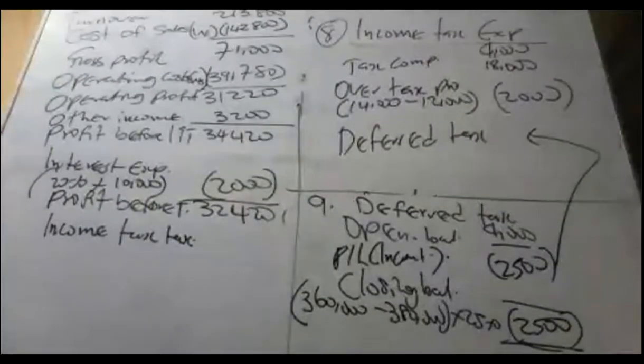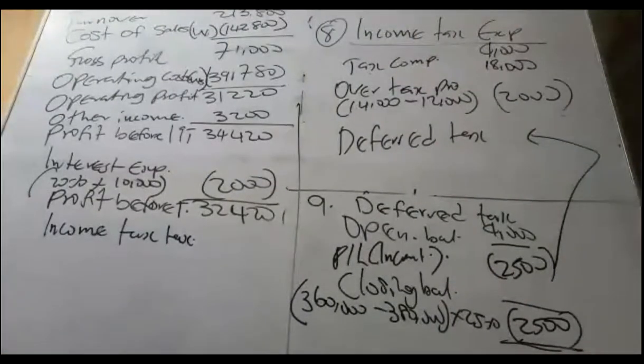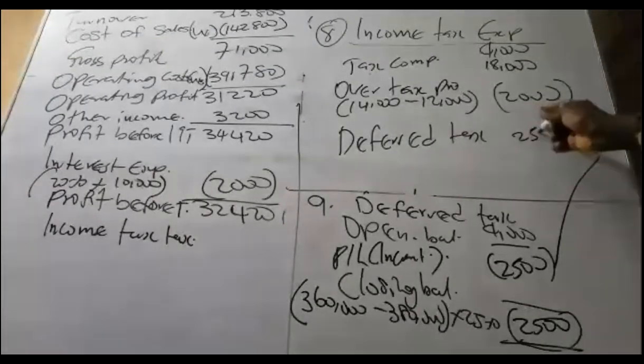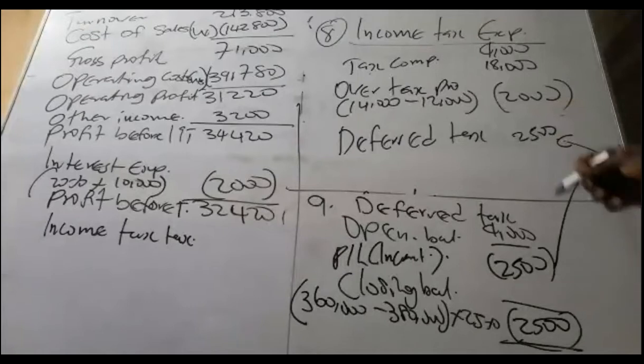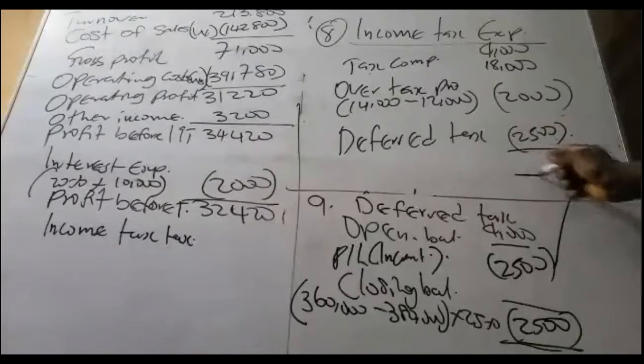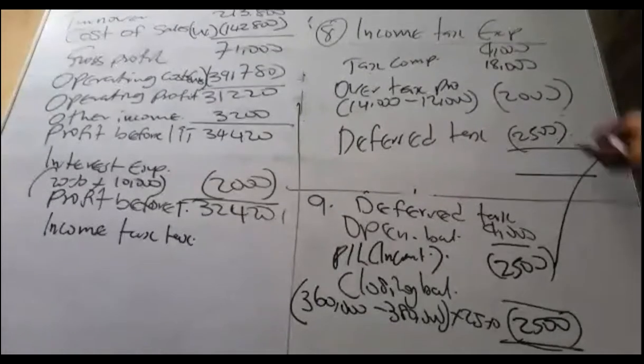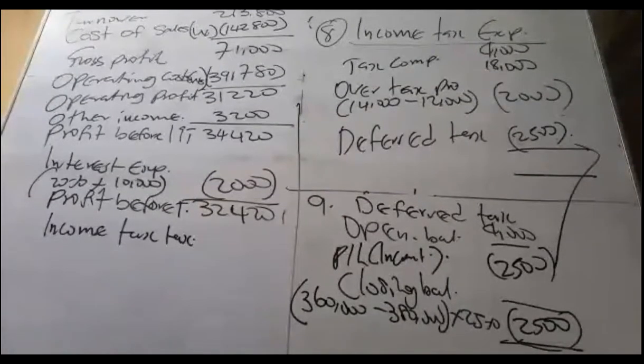Good. Okay. Great. So put the same figure here. So 2,500 negative. We are done. Now, what's the total? So 18,000 less 2,000 will give us 16,000. Less 2,500 will give us 13,500.